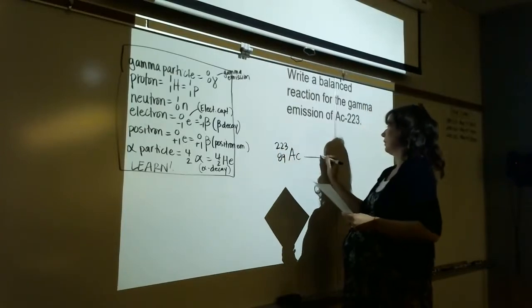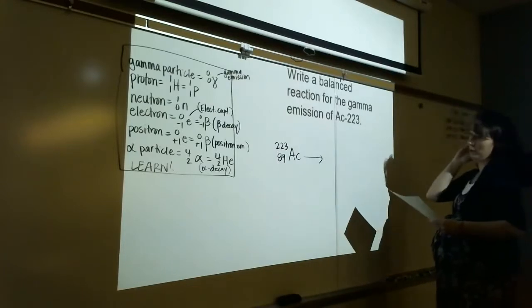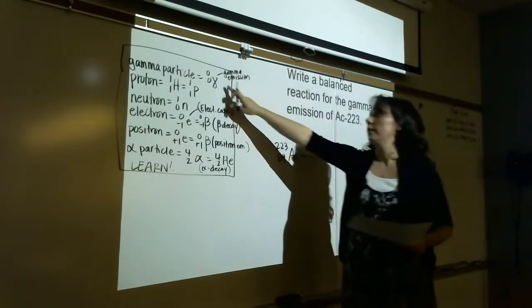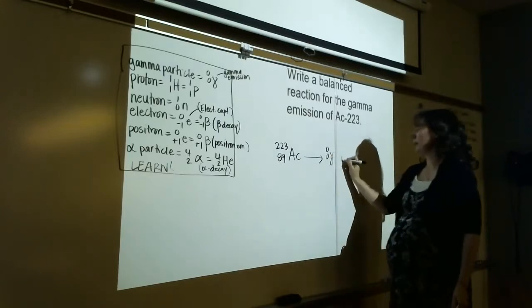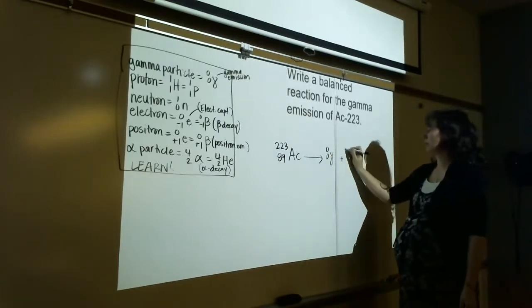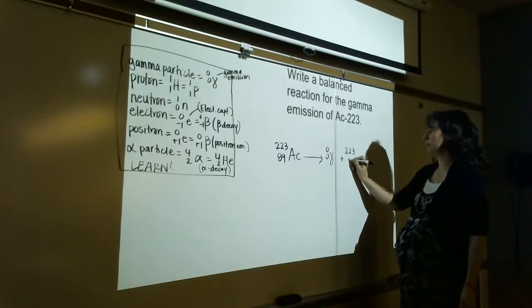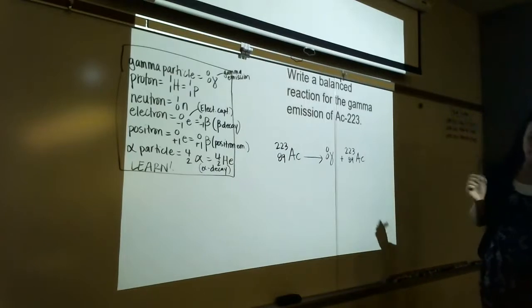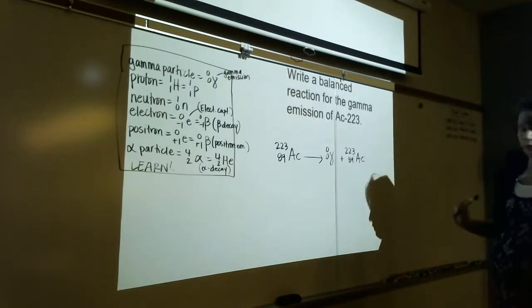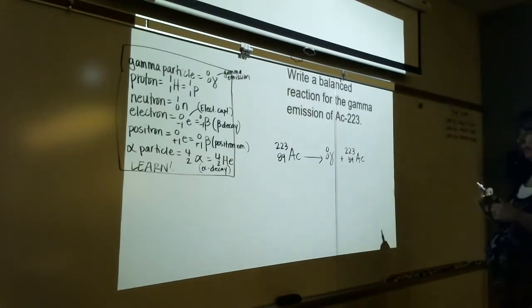And so this is gamma emission, right? So that's 0, 0, gamma. And since these are both zeros, the identity isn't changing. So that one's easy, right? Because 0 plus 223 is 223. 0 plus 89 is 89.